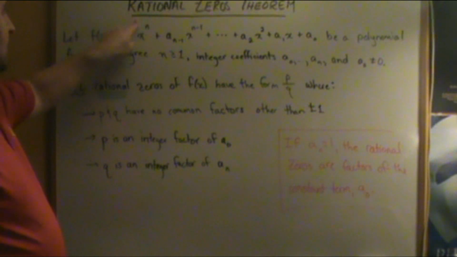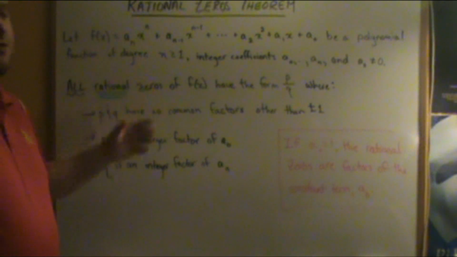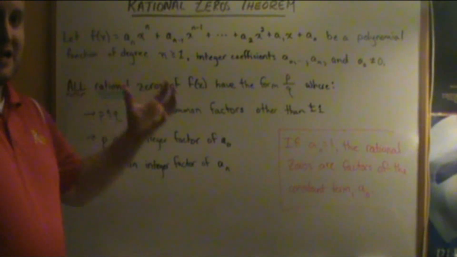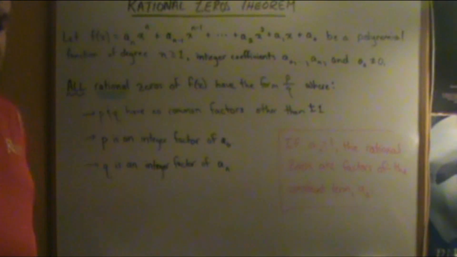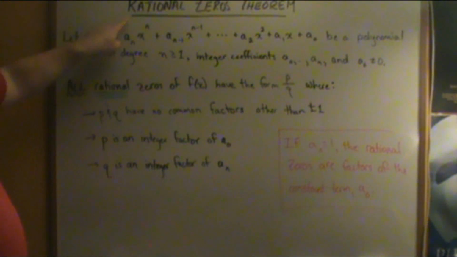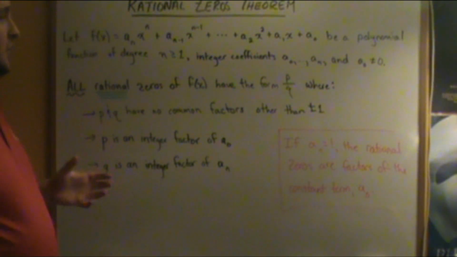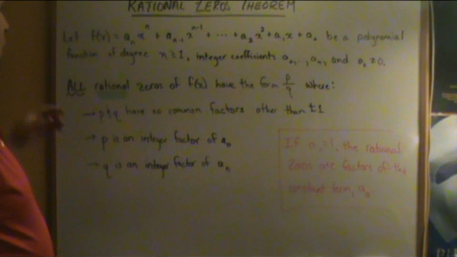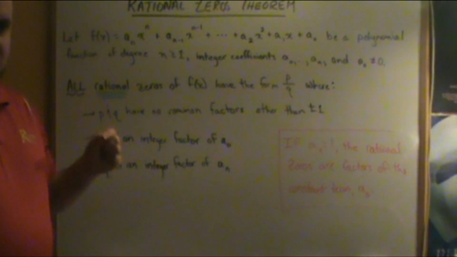It helps you find all of the rational zeros. And if you remember rational numbers from back in elementary school and in your algebra careers, rational also means fractional. So this theorem is going to help us find all the rational zeros.